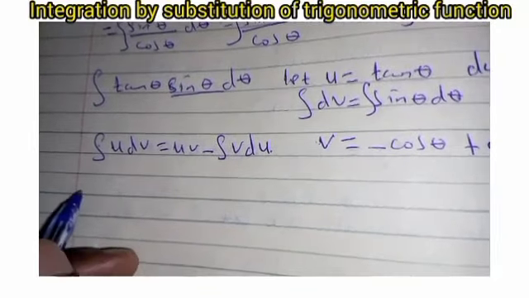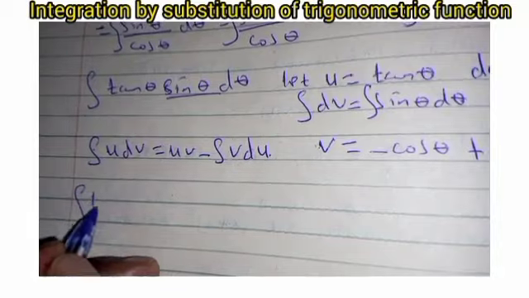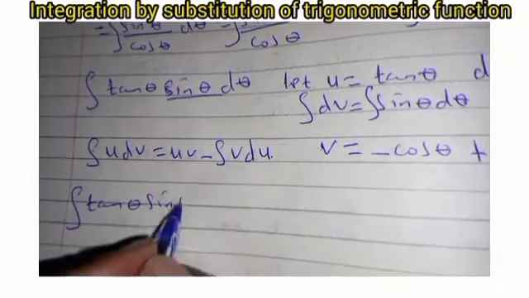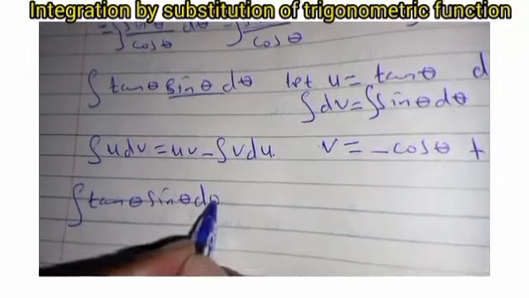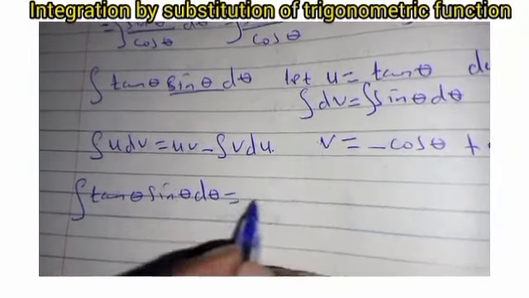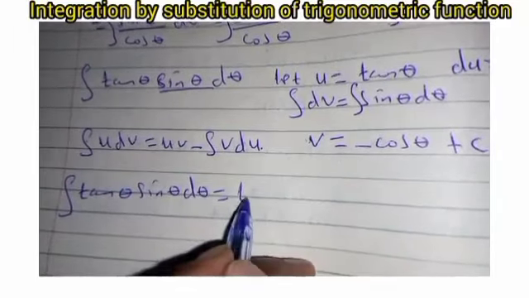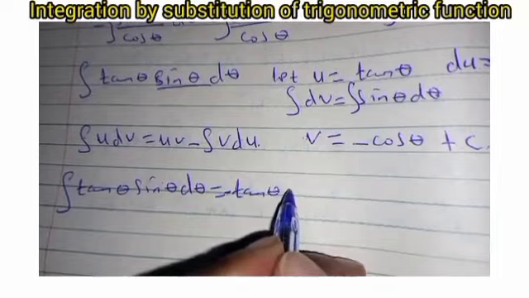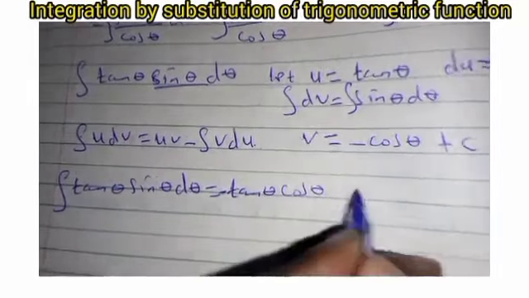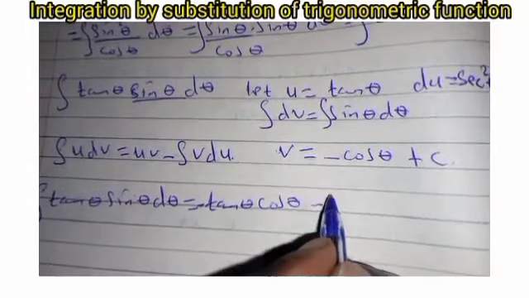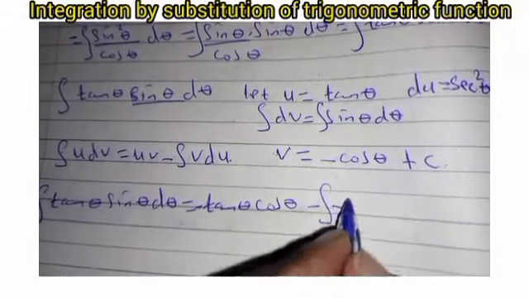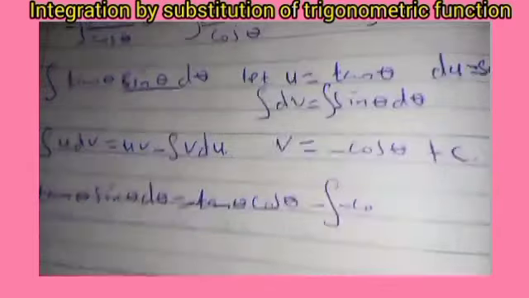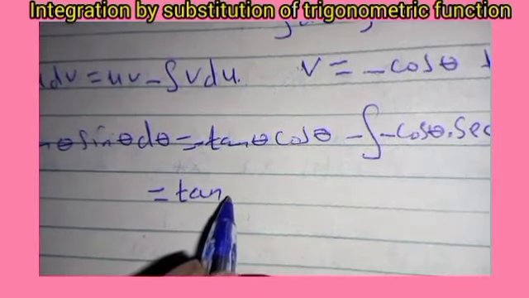So we substitute, so we have our integral of tan theta sine of theta d theta is equal to, our u is tan theta, our v is minus cos theta, minus integral minus, which is equal to tan theta.